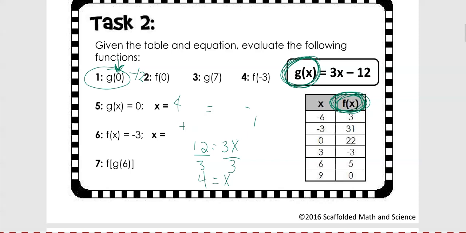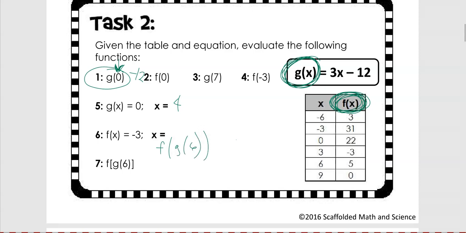And finally, the one I want to go over with you is number 7, because number 7 is the hardest one on this task. And there are several that will be like that in later tasks on this page. So f of g of x. We're going to find f of g of 6, okay?